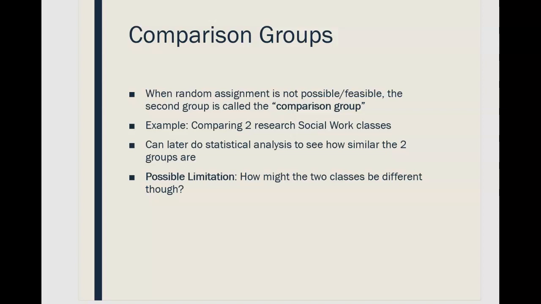We can do some analysis later on at the end to see how similar the two groups were, so we can make some claims at the end. But there might be something different about online only versus mixed traditional students and how they engage with the, again, different characteristics. So how might the two classes be different? But comparison groups do help us in certain ways.